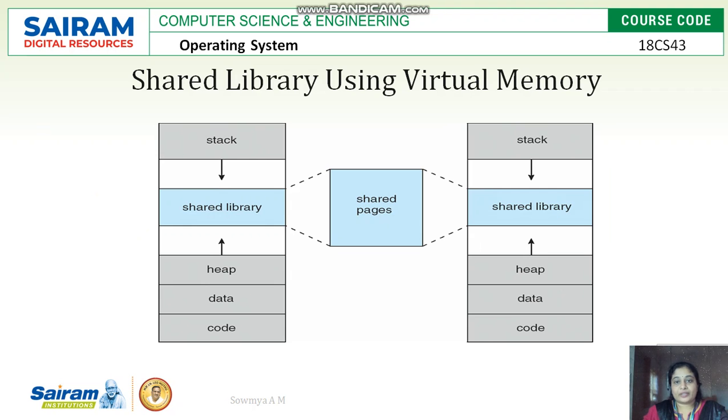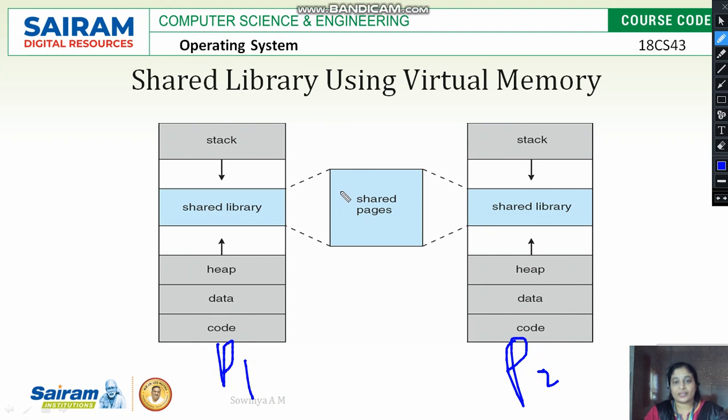Take the example of a shared library using virtual memory. Consider two processes where code, data, heap and stack are separate for each process. If there is a page which is shared, like a library, then there will be one page stored in the main memory which is accessed by both processes.